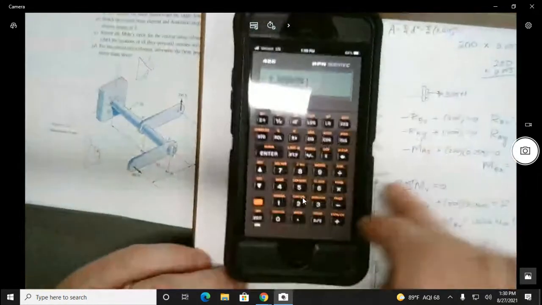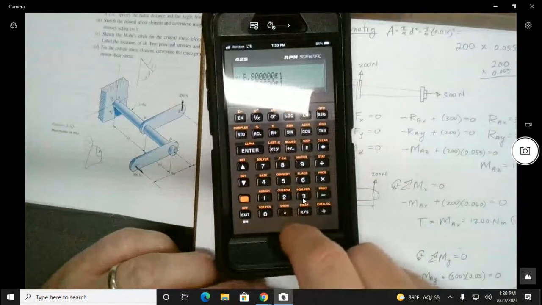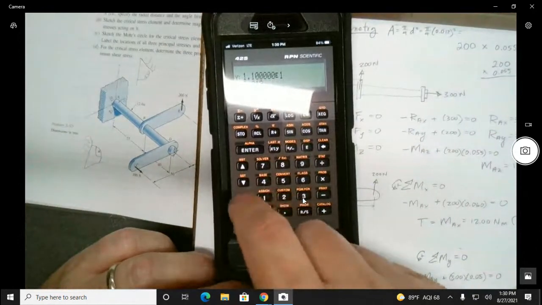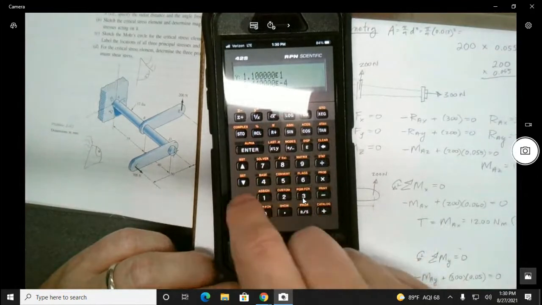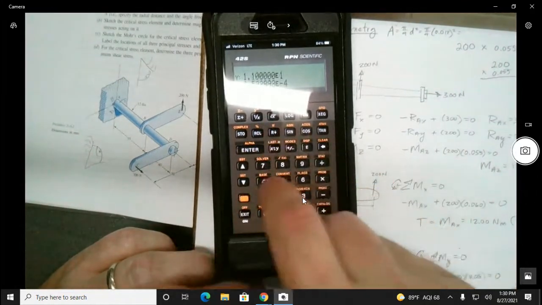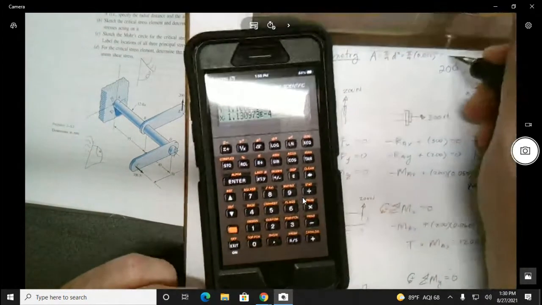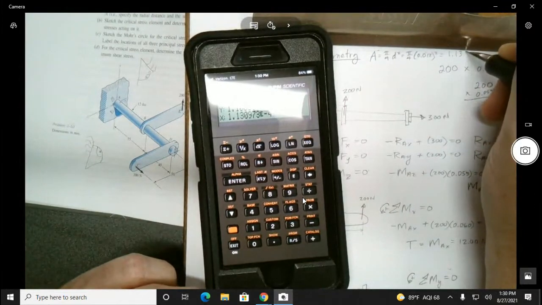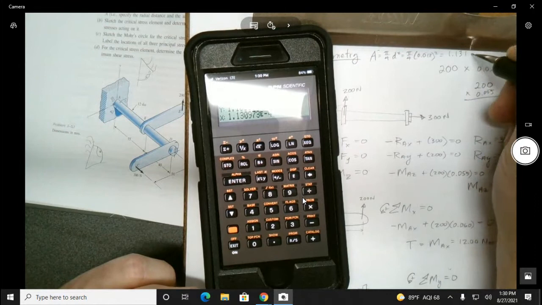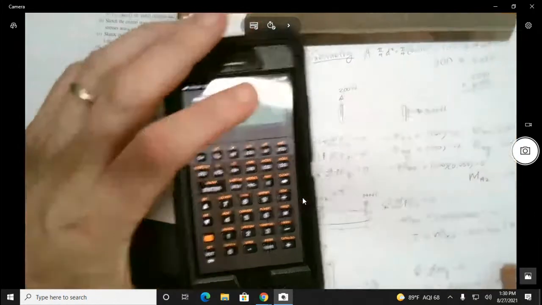So we got 0.012, and then the square is that. And then I go pi times 4 divide, and I have 1.131e minus 4, and those are meters squared.